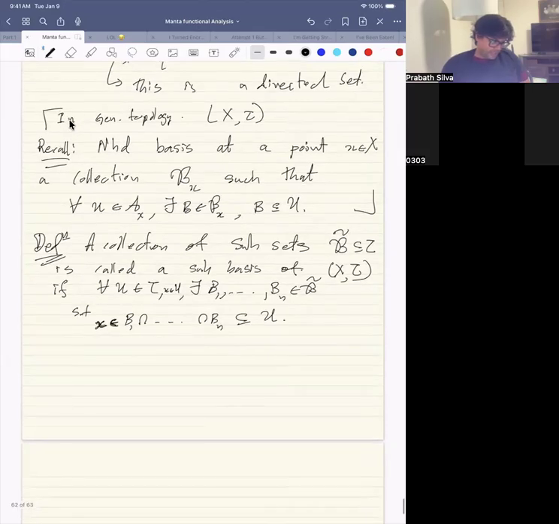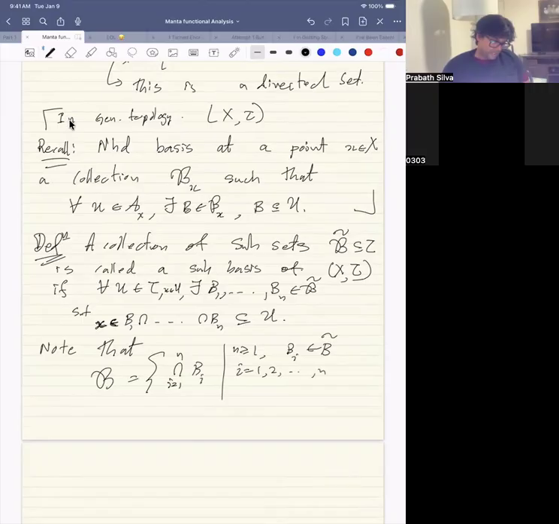So note that this B, given by the intersection over i equals 1 up to n of b_i for n greater than or equal to 1, and b_i in B delta, is a basis.